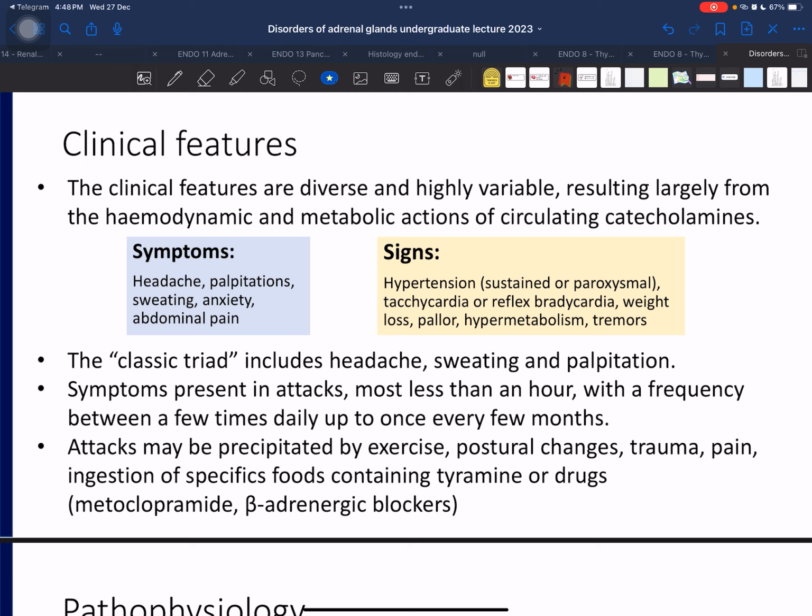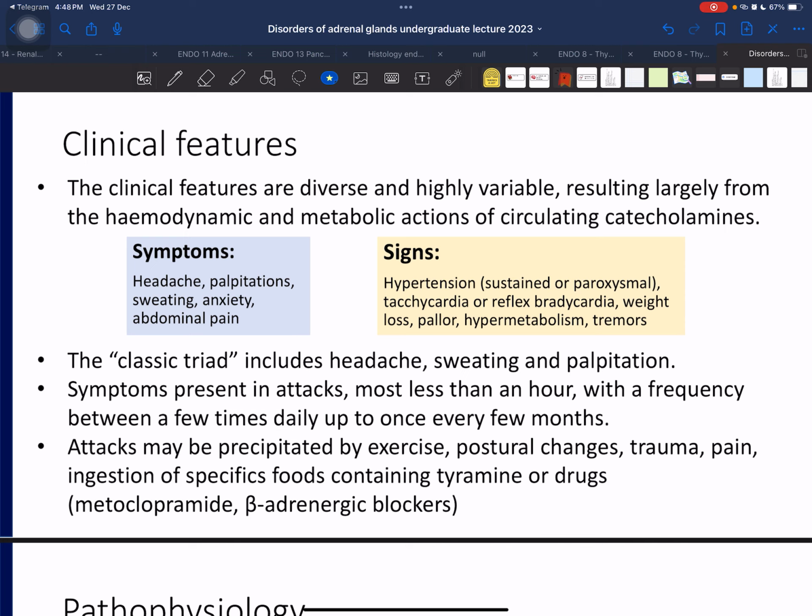The classic triad, headache, sweating, and palpitation, is not always present. You don't always see this in everyone. Symptoms can come in attack form. You don't see it every day, 24/7. They come in attacks, and may be precipitated by exercise, postural changes, trauma, pain, etc.